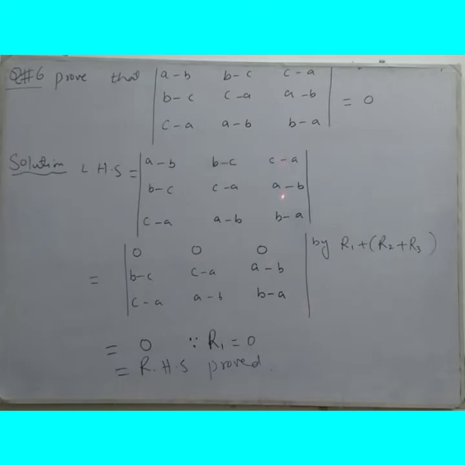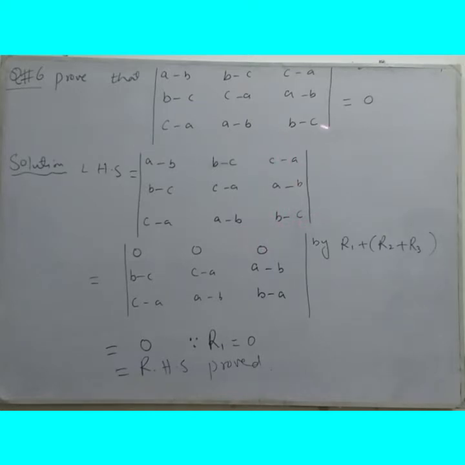For the last, again adding the sum of these two rows in the first, we have c minus a plus a minus b plus b minus c, minus a plus a will cancel out, minus b plus b will cancel out, and minus c plus c will cancel out.